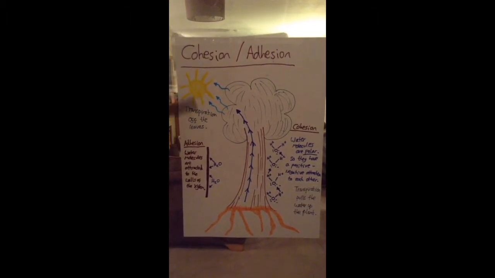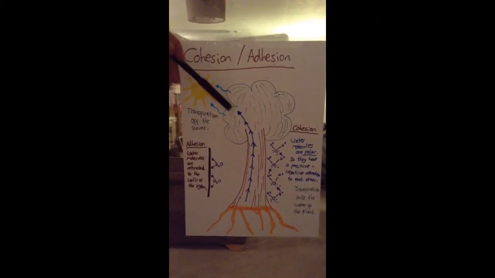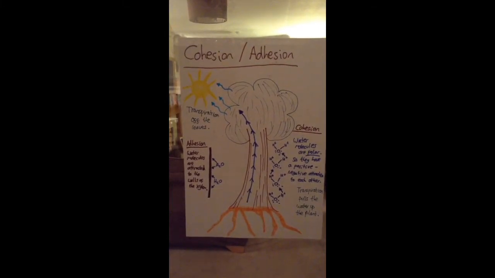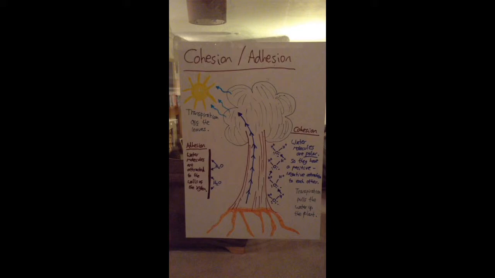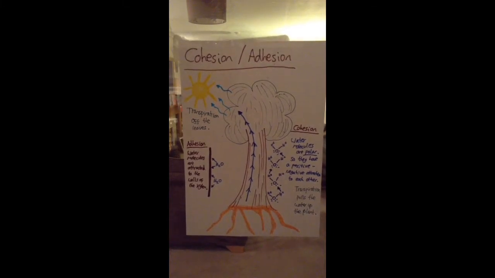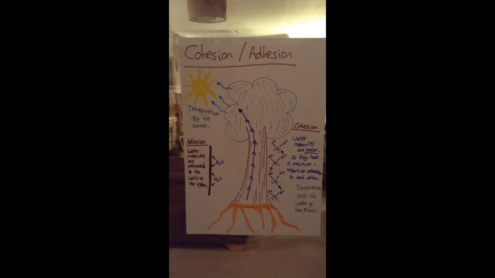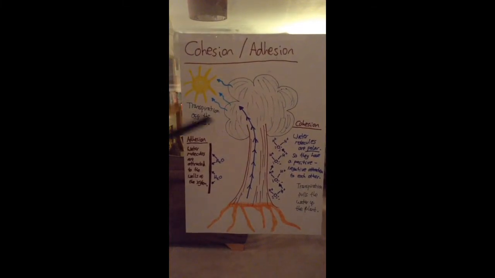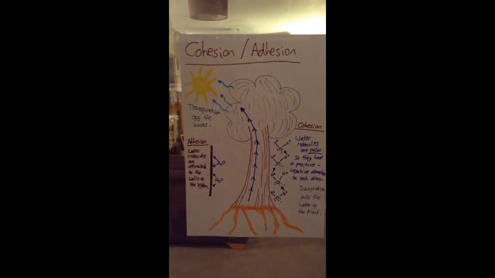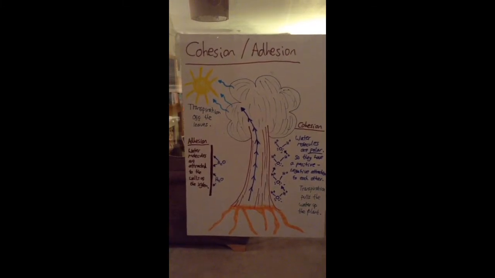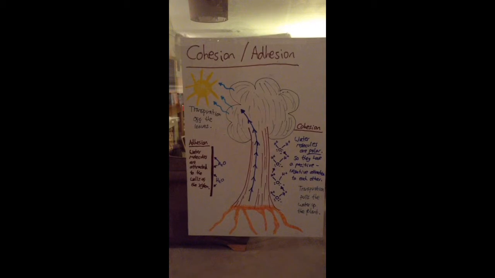So firstly, in the leaves, once the water has actually reached the leaves, transpiration happens, and that's when the sun evaporates the water from the leaves out into the atmosphere, from high water potential to low water potential. That happens, and this transpiration is actually what pulls the water molecules up the plant.